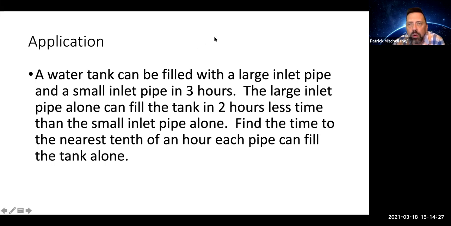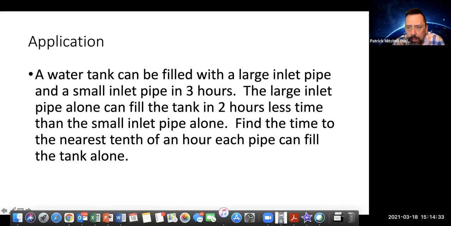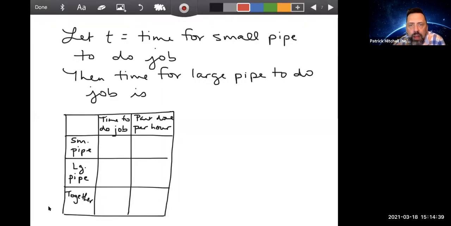All right, so I have gone ahead and gotten started setting this up. The first thing I've done, Mitchell's first commandment, I have defined a variable. Remember the question was find the time it takes for both the small pipe and the large pipe to do the job alone. At least I think that was the question. We'll double check.